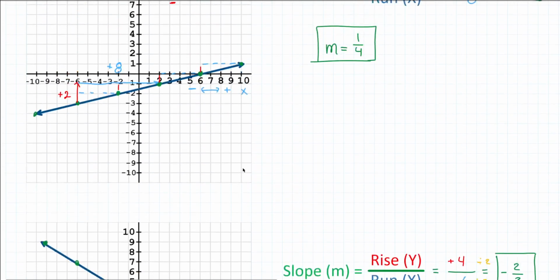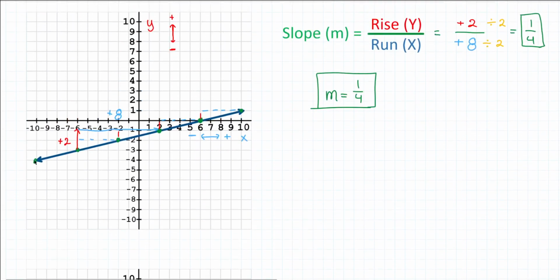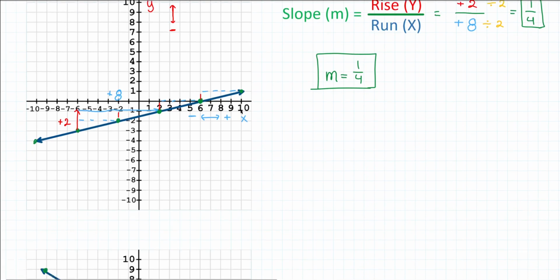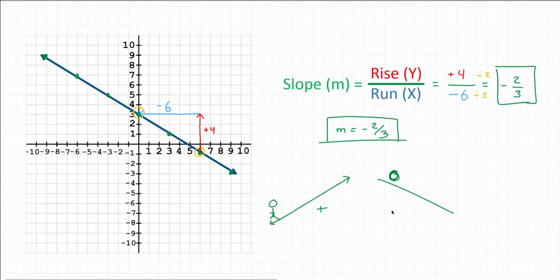Just like before, look at this. Positive slope started lower, the line got taller. It's positive. A negative slope is one that starts taller and ends lower. It's very important that when finding slope, you pay very close attention to if it's positive or negative.